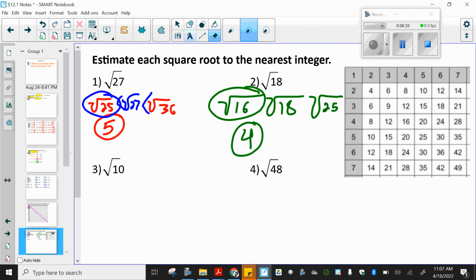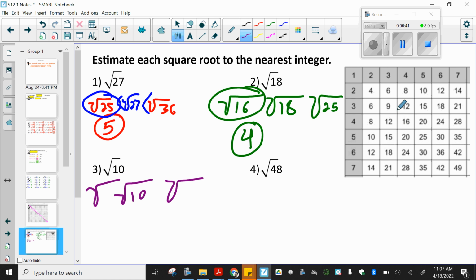Alright? So let's do another one. Here we have the square root of 10 in the middle. 10 is in this area, so the next one down is 9. Next one up is 16. 10 is closer to 9, so our answer here is going to be the square root of 9, which is 3, is our estimate.